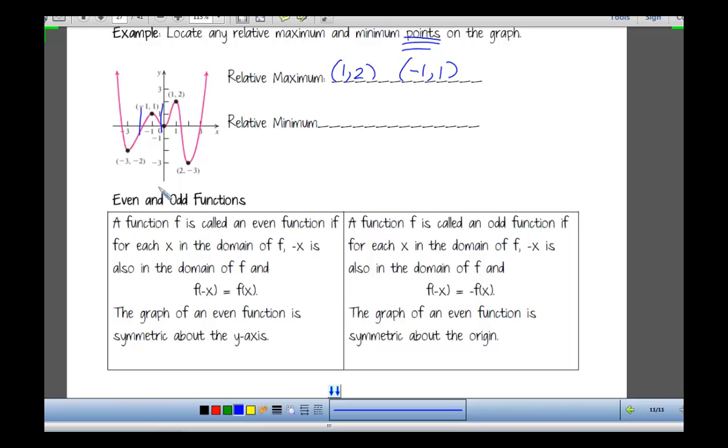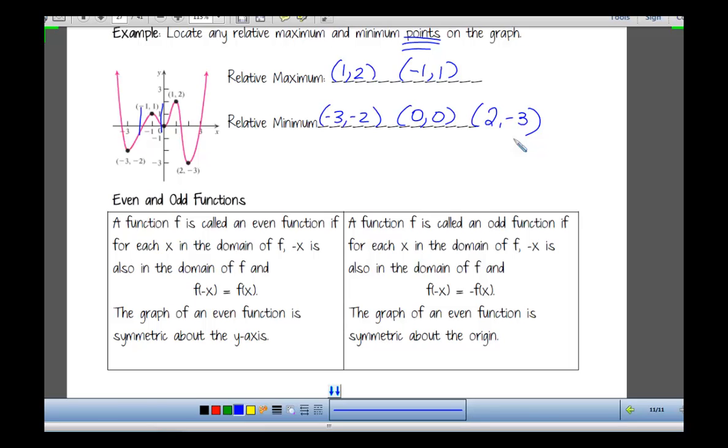Okay. Relative min in this case would be what? Okay, -3, -2, since they ask us to describe it as a point, and also, okay, very good, 0, 0. I almost missed that one, and 2, -3. Very good.